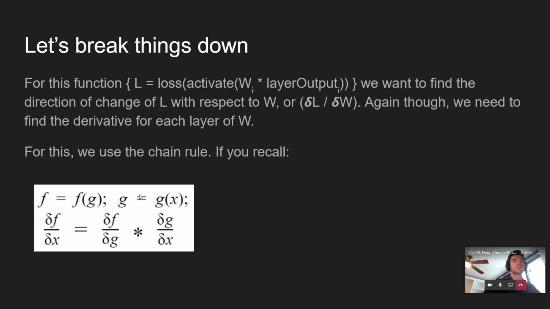In this case, we're doing delta f, delta x, so with respect to x, and we are doing our chain rule to do that nice little canceling across thing to get our delta f, delta x. And that's exactly what we're going to be doing here. We're going to be using the chain rule across every single layer of our network.